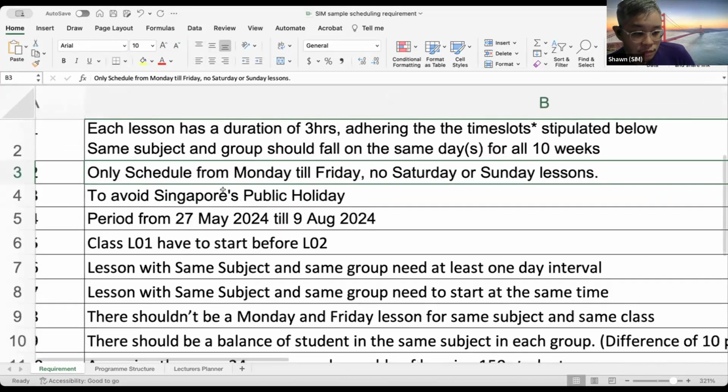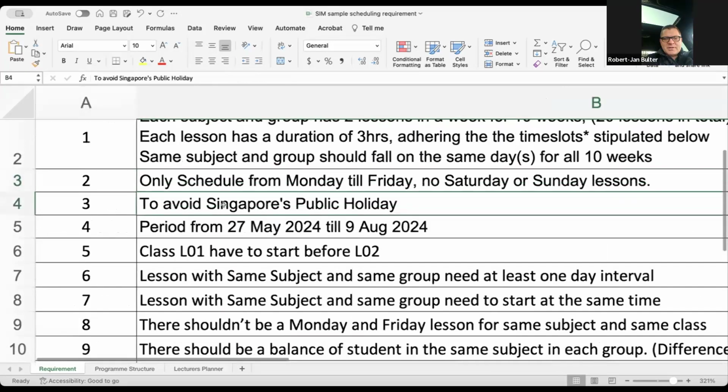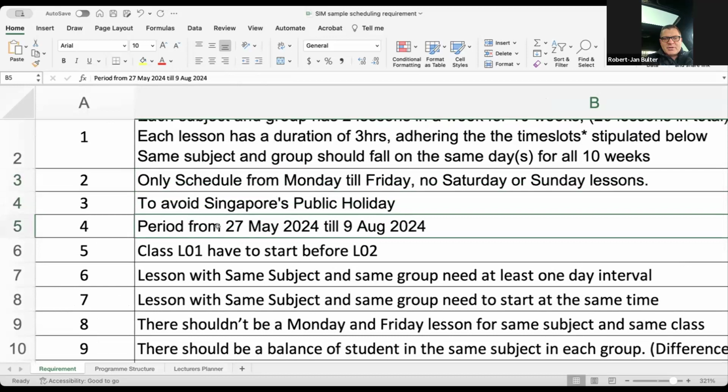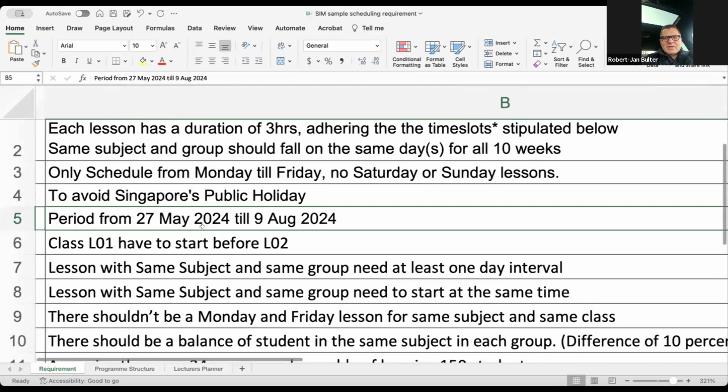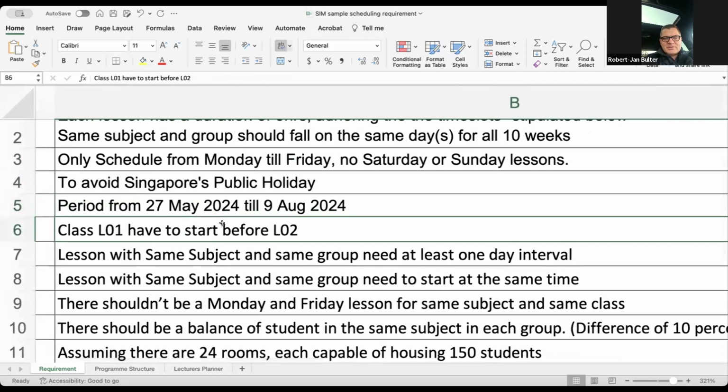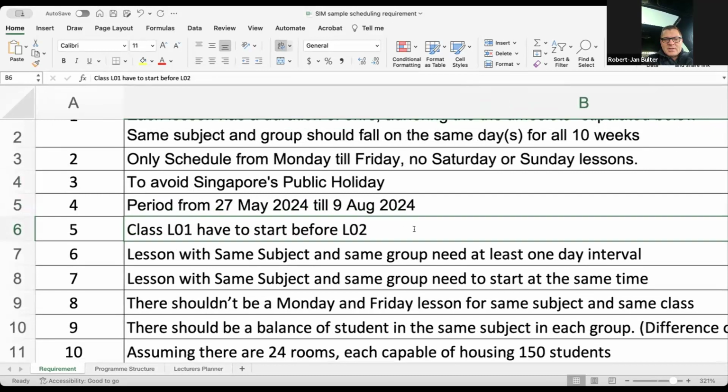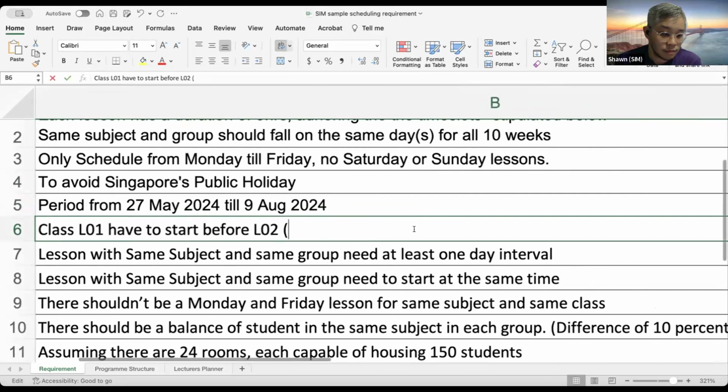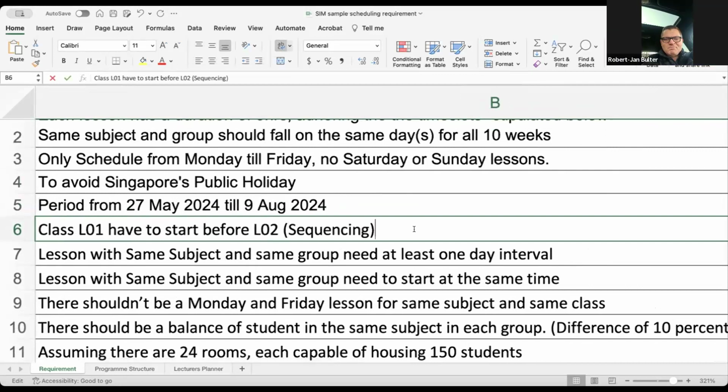Easy. Period, we also make it a hard constraint. Singapore holidays, we have something for that as well to record that. I see sequencing. Is it line number 6? That's also straightforward, and the same group, so that's 7 then.